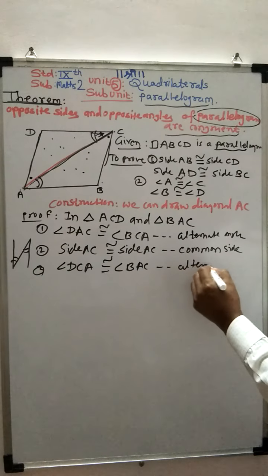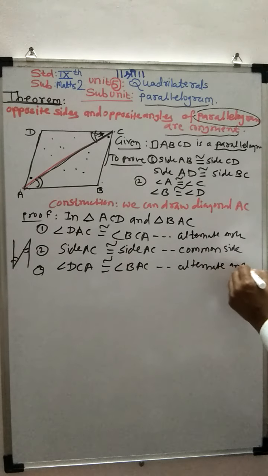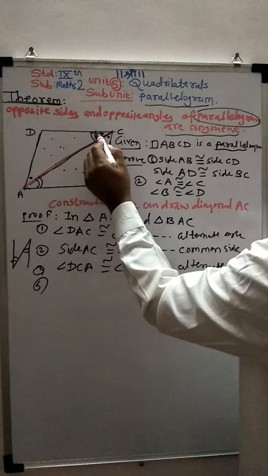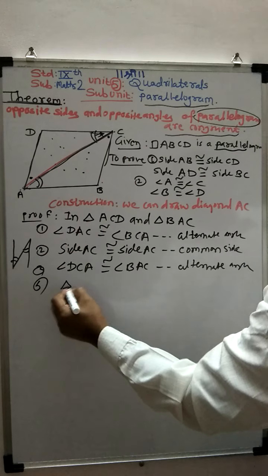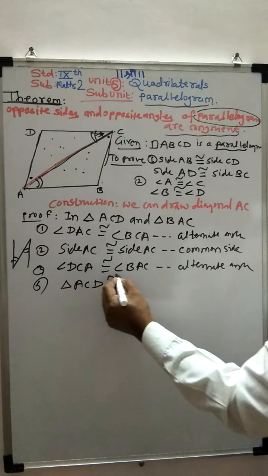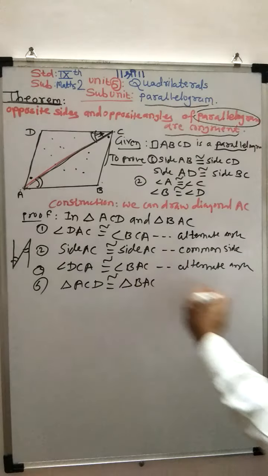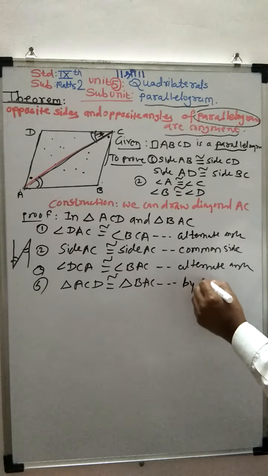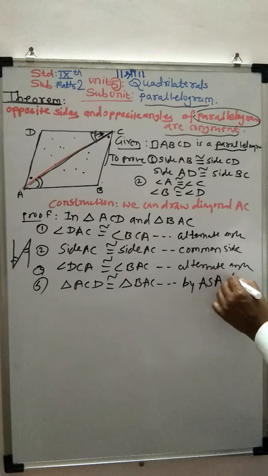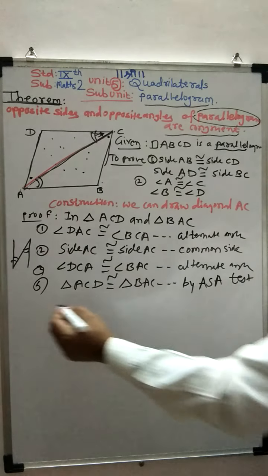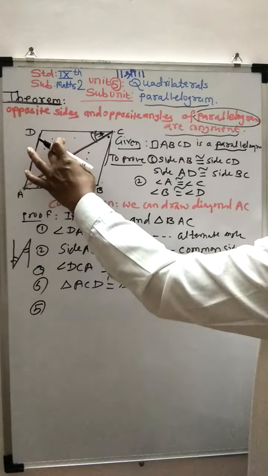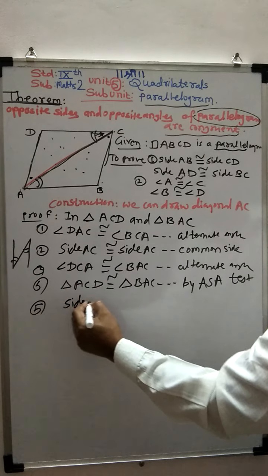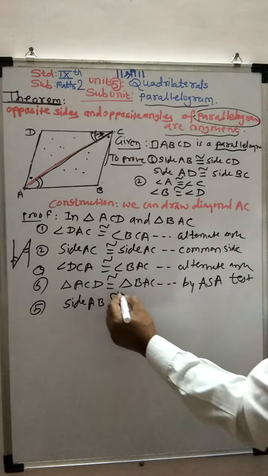This is another pair of alternate angles. Then by angle-side-angle, these two triangles are congruent. Triangle ACD congruent to triangle CAB. Give the reason: by ASA test.